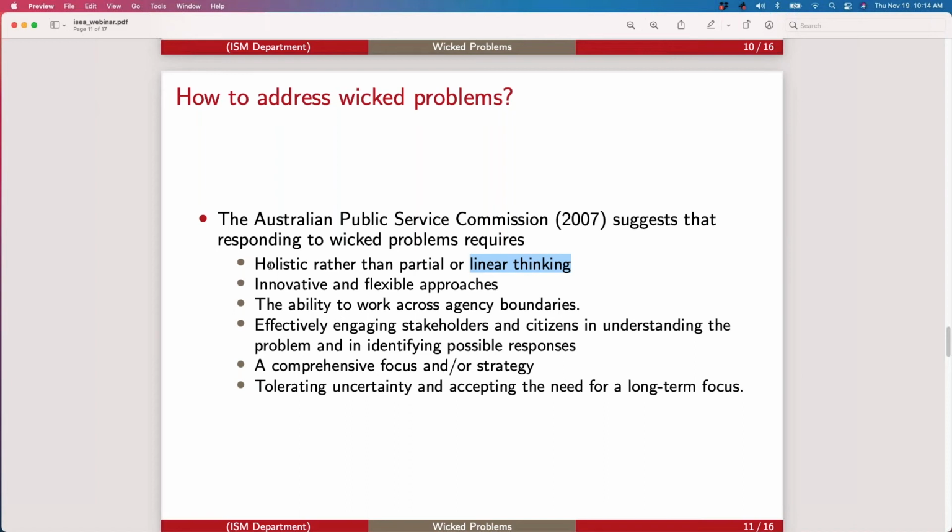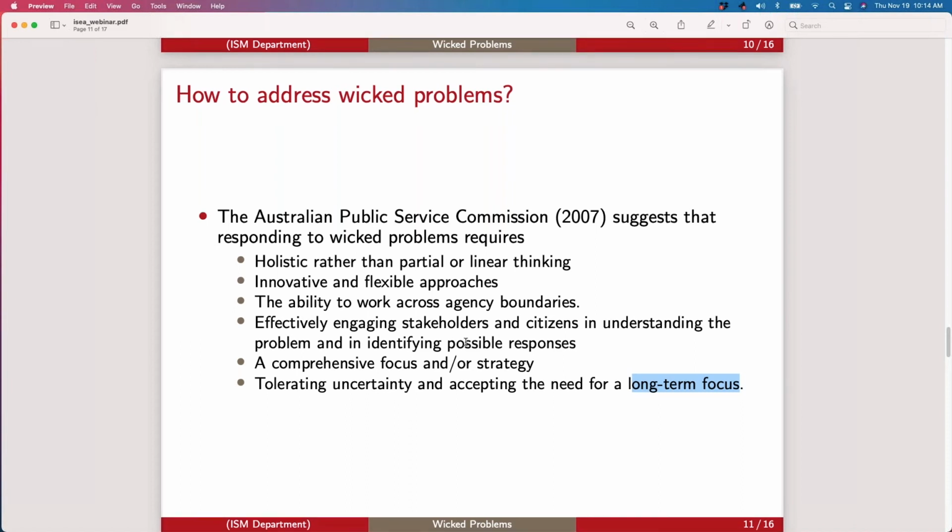But holistic, certainly. Innovative and flexible approaches. Comprehensive focus. Look at this: accepting a need for long-term focus, sustainable solutions. So there are a lot of similarities between what is currently called statistical engineering and those recommended strategies for solving, or at least addressing, wicked problems.